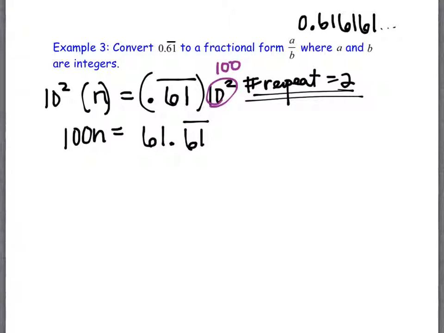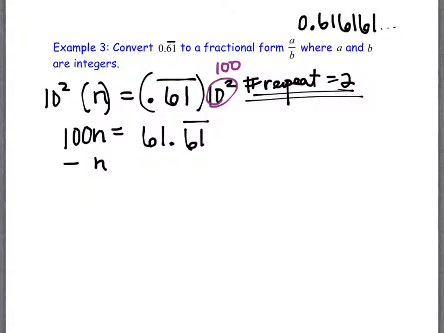All we did is find a power of 10, and we multiplied by it on both sides. The next step's the one that looks a little funny, and this will give justification for why I said what I did on the previous slide. We are going to subtract n from the left-hand side. What numerical value does n represent? It's 0.61 repeating.